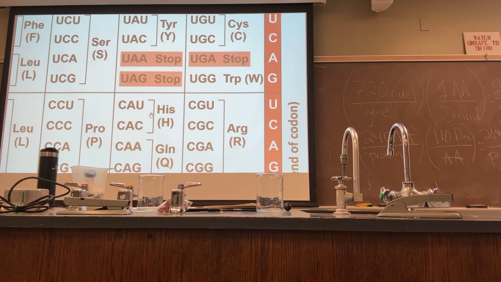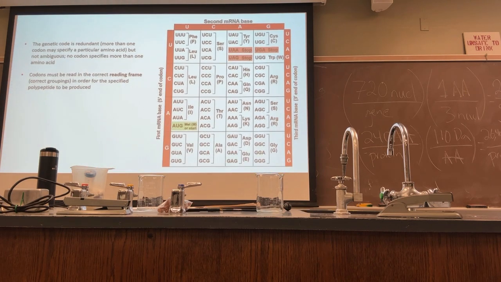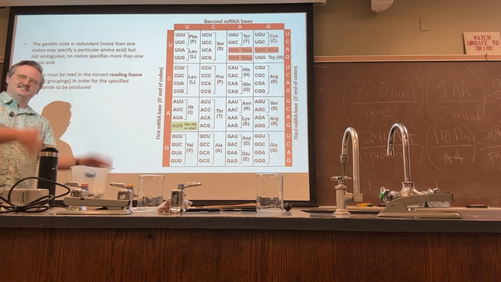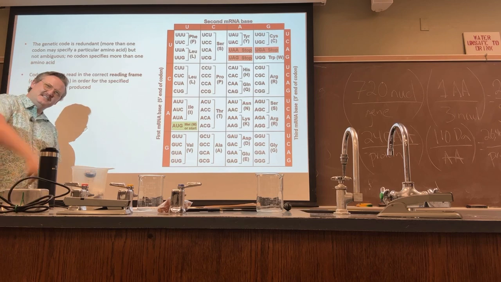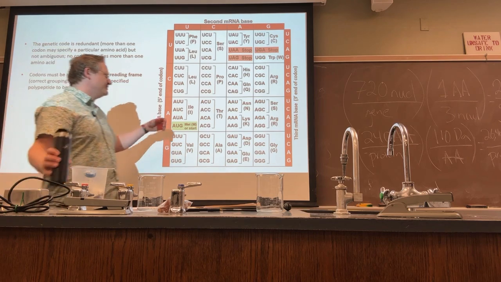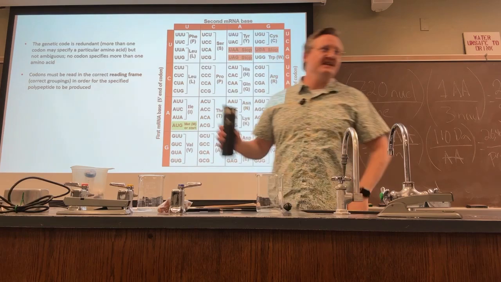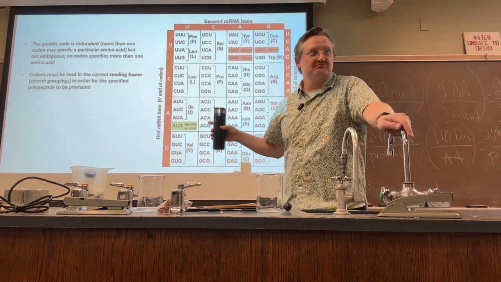So in addition to encoding a bunch of different amino acids, the mRNA also encodes where to start and where to stop producing the protein. The start codon's always AUG. Stop codons vary. This is the same in all living things.